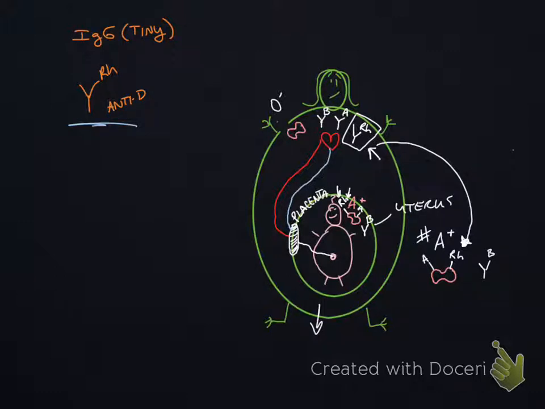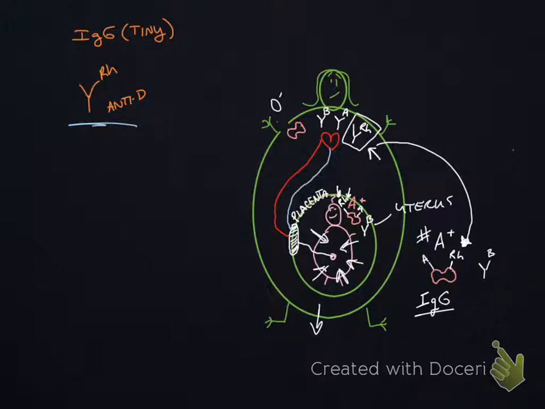The reason this causes a problem is because the Rh antibody is an IgG, which we just learned can cross the placenta. And that causes mom's body to attack baby number 2 as something that is not supposed to be there, and it can actually kill the baby.